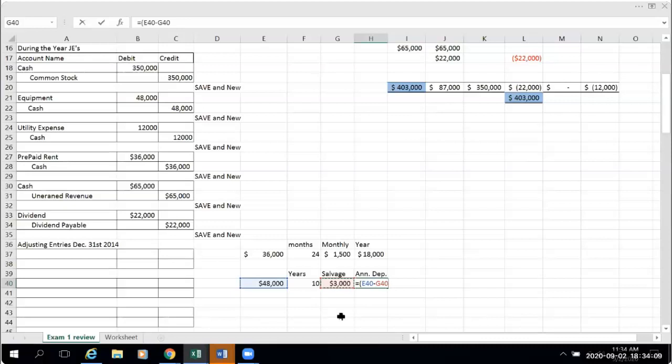So annual is the original value, original total cost. And when I say total cost, it means the cost of equipment plus delivery, shipping, installation, sales tax, all those. That's total cost, 48,000. Minus salvage value of, let's say, estimated 3,000. So let's put a parenthesis over there. Divided by that box, which is 10 years estimation. Enter. And that becomes $4,500.